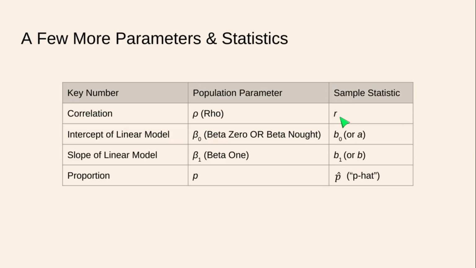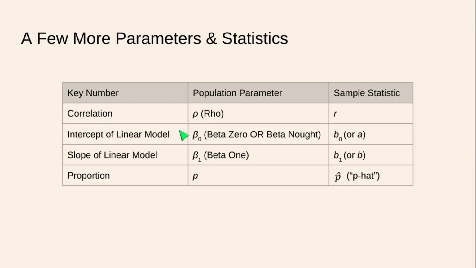R is the correlation coefficient for a sample. This is the corresponding population correlation coefficient. We fit a regression line to a sample, and R is the slope of the standardized data. If we were to do the same thing with an entire population, that would be rho.